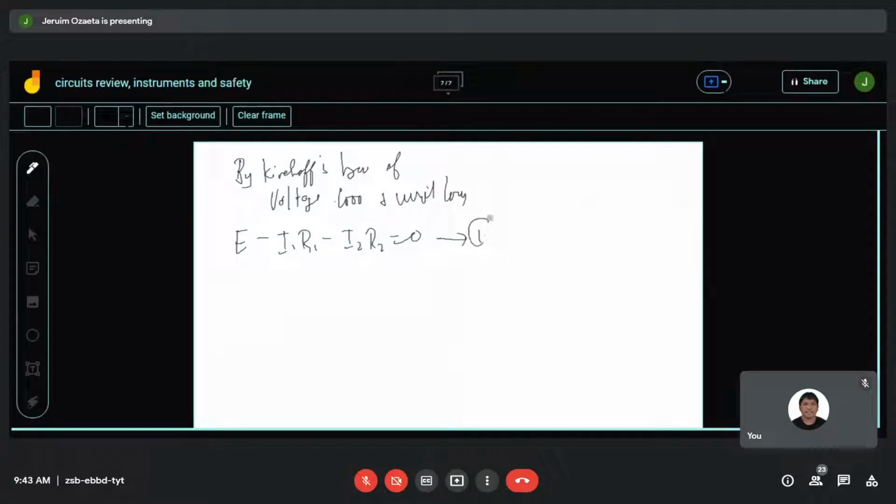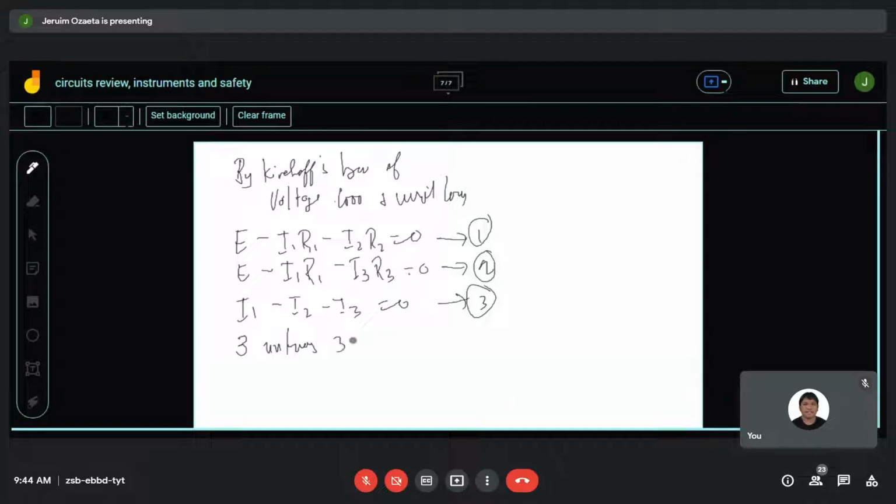Call this equation 1. E is equal to I sub 1 R sub 1 plus I sub 3 R sub 3 equals to 0. Take this equation 2. And you have I sub 1 minus I sub 2 minus I sub 3 equals to 0. Equation 3. You have 3 unknowns, 3 equations.